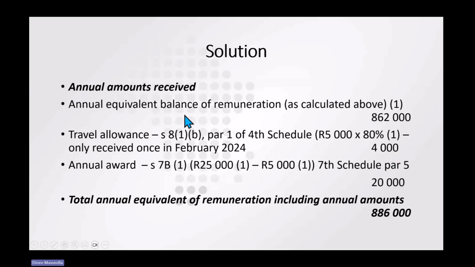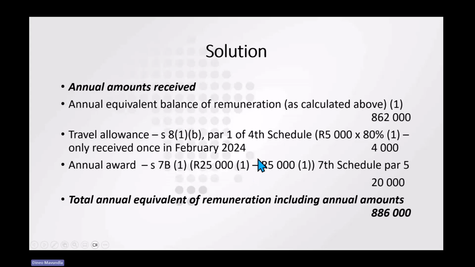Had it been received every month, it would not have formed part of our annual payments or annual amounts received. But because it was only received once off during this year, we include it as part of our annual payments. Then again, we had our annual reward, which is our variable payment in terms of Section 7B, where it tells us that we use the amount that the employer paid for those health products, which was the 25,000 Rand.